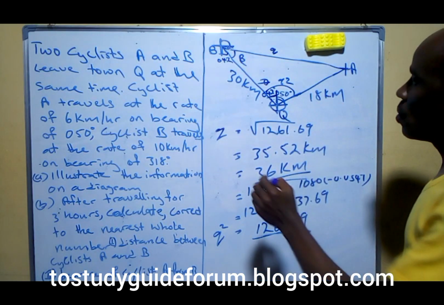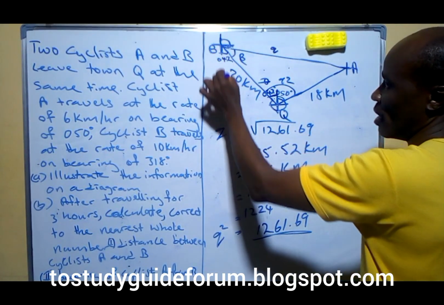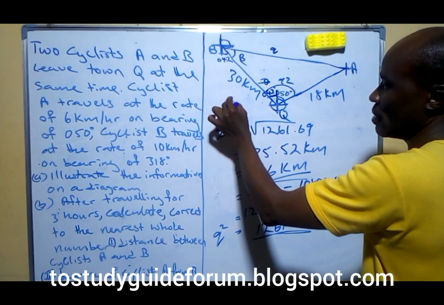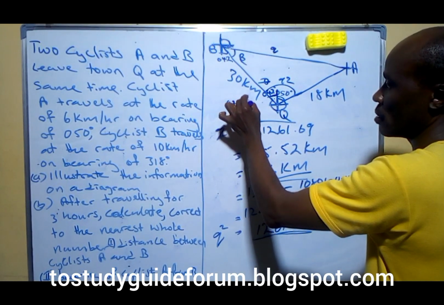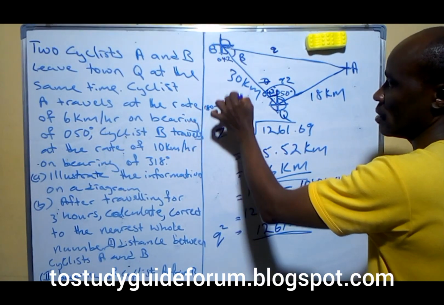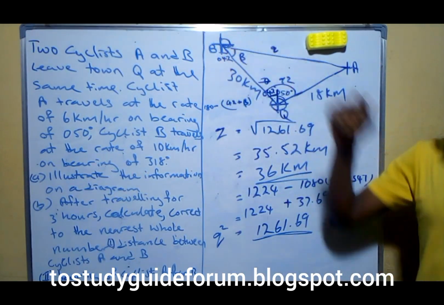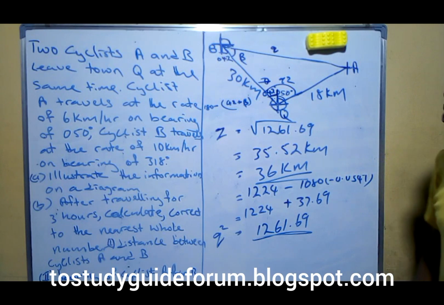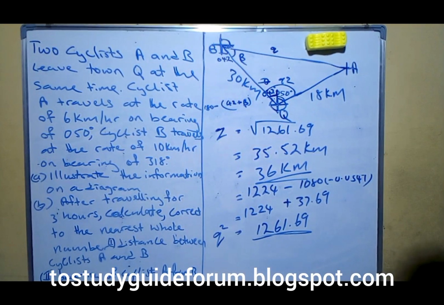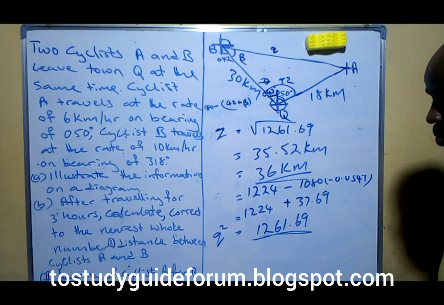We know this is an angle on a straight line, so 42 plus beta minus 180 will give us the bearing in question. So for that reason, we are going to get the angle we call beta.